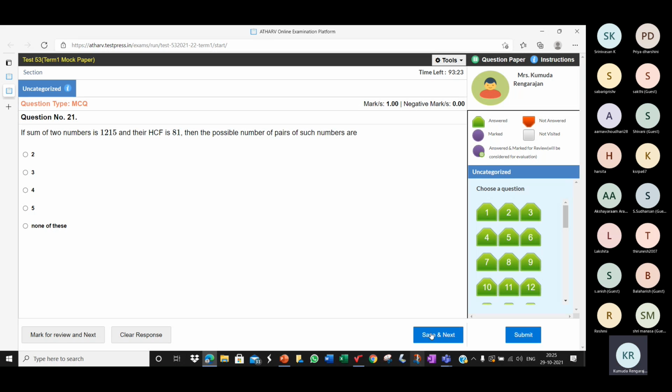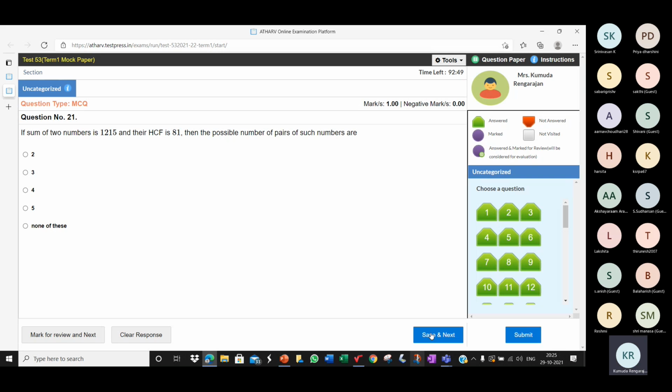You take any two numbers and find their HCF. For example, 35 and 55, their HCF is 5. 5 into 7, 5 into 11. 5 into 7 gives x, 35, and 5 into 11 gives y, 55.